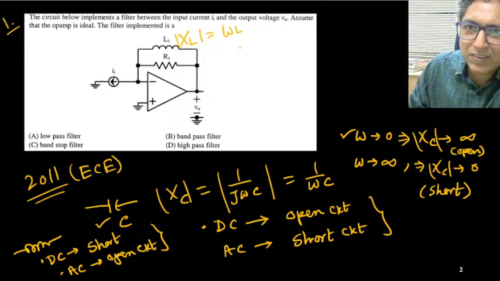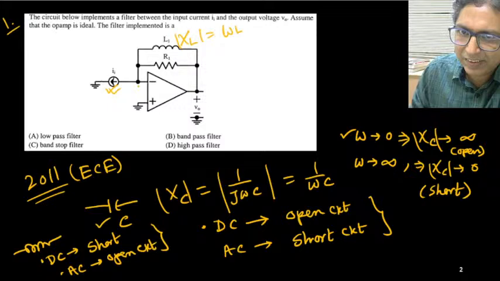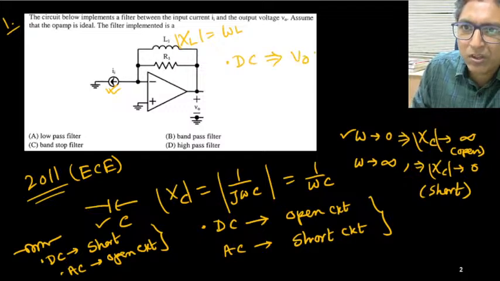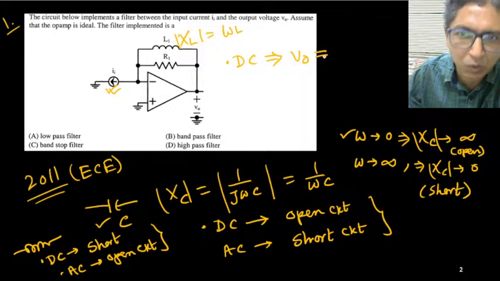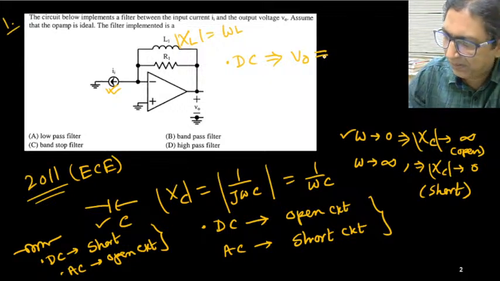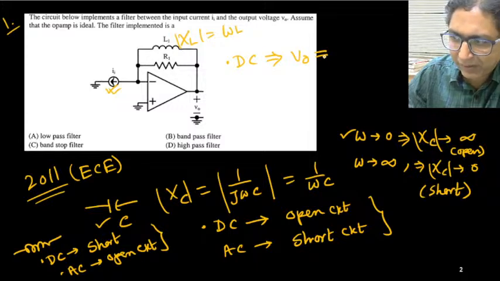So just tell me, if you apply a DC current source, this is a current source, right? So if this current source is DC, at that time what is the corresponding output? Is this output high or low?